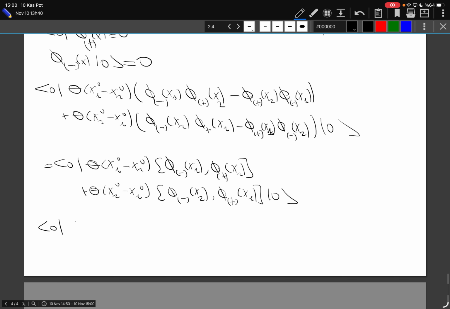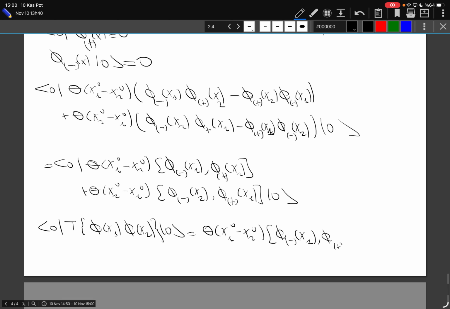So this matrix element is equal to theta, and this is what I had already calculated.